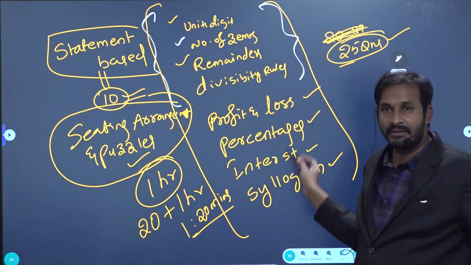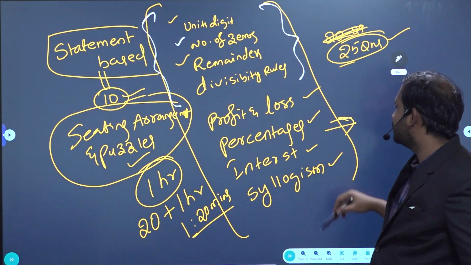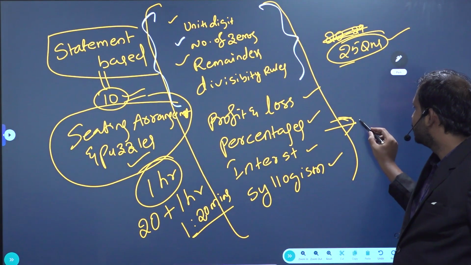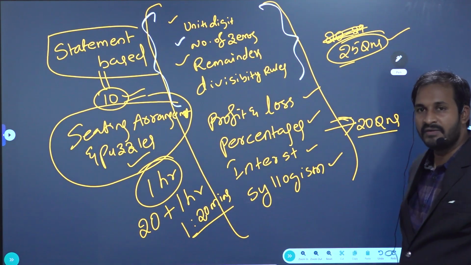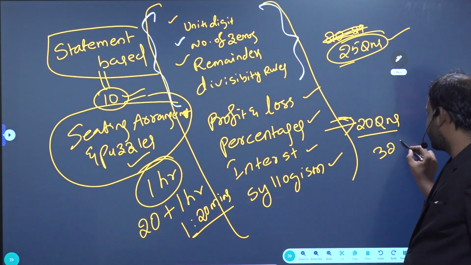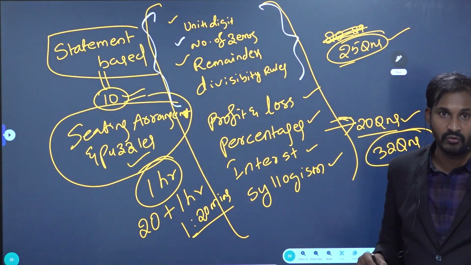By this time, you should be able to attempt, in the remaining 1 hour, a minimum of some 20 questions here. Earlier 12, now 20, overall 32 questions. A minimum, I am telling a minimum. You should attempt more than that.